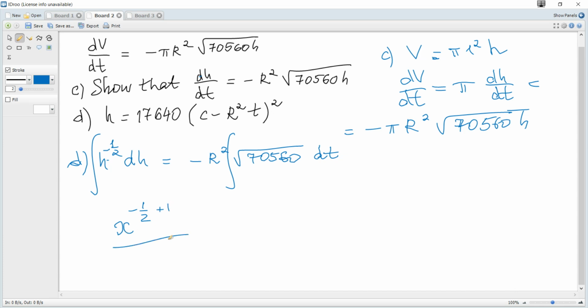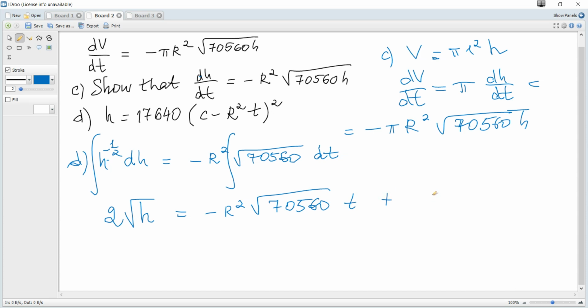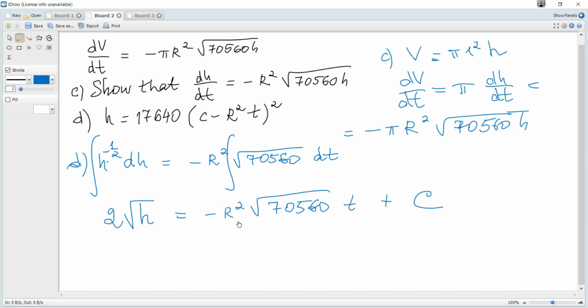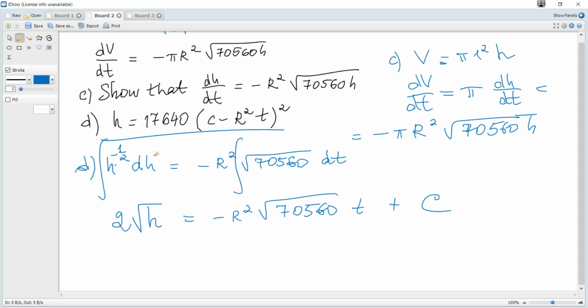Add 1 to the exponent and divide by the obtained power, so h to the power of plus a half divided by a half, so it becomes h to the power of a half, which is the square root of h, multiplied by 2, equal to the constant. The integral of 1 dt is just t, so it becomes negative R squared, this root, t, plus some constant of integration. Then we should get this.